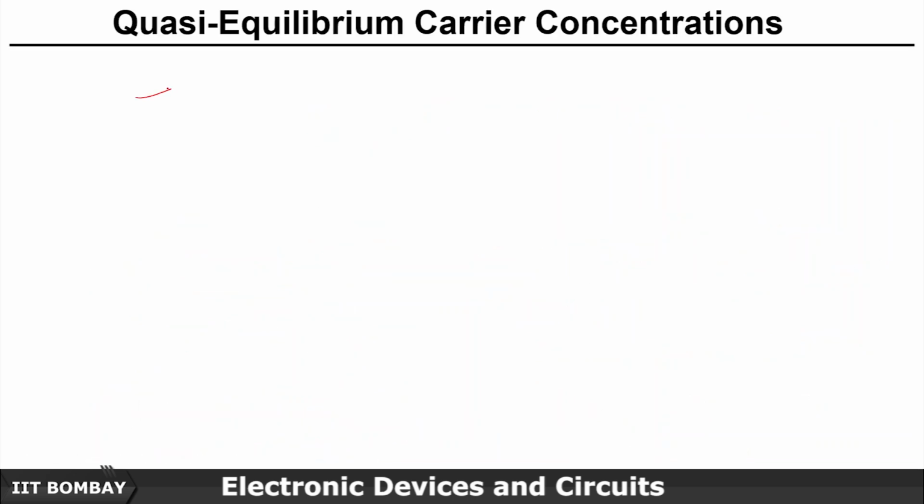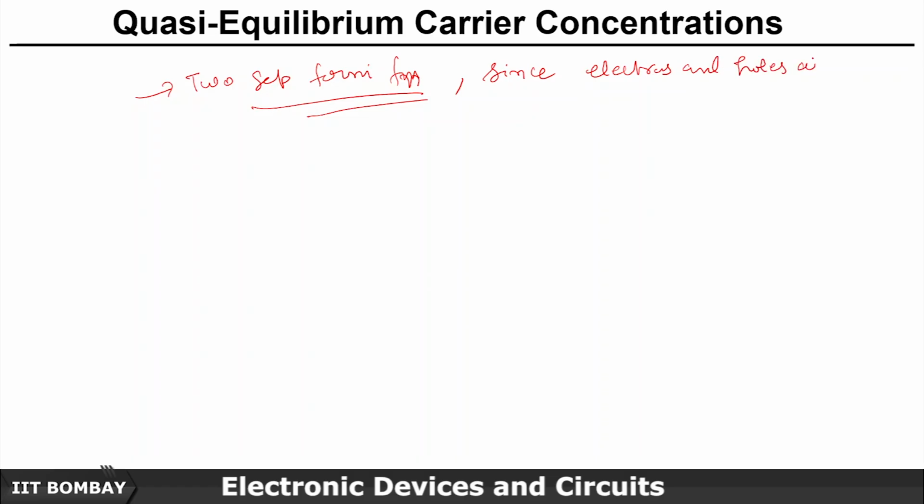So two separate Fermi functions are required, and these are represented as E_F,C and E_F,V. And these are known as the quasi-Fermi levels.